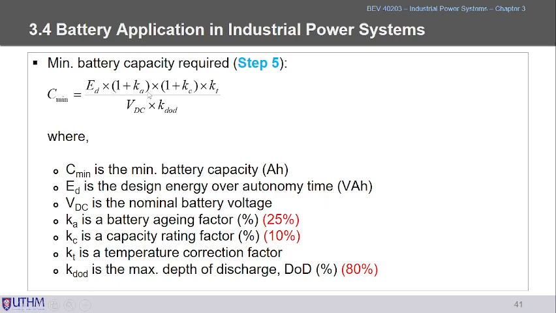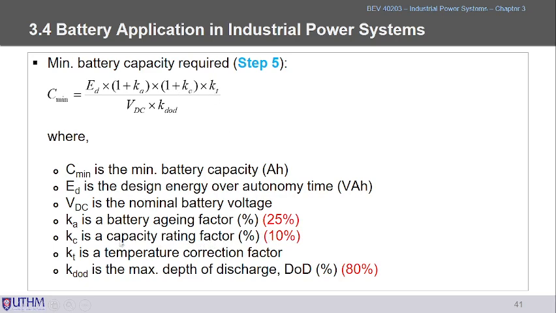and we have several factors to be considered here as well. Ka is the battery aging factor. Normally we use 25% for the aging factor. And Kc is the capacity rating factor. Normally we take 10% only for the Kc.